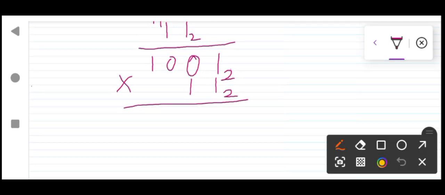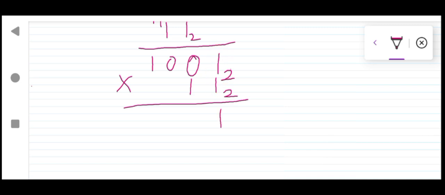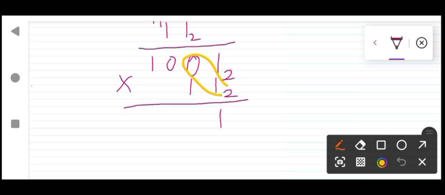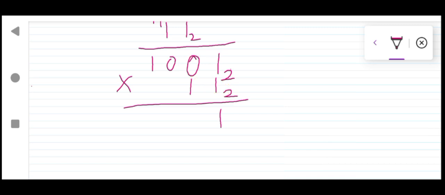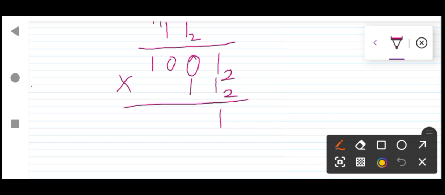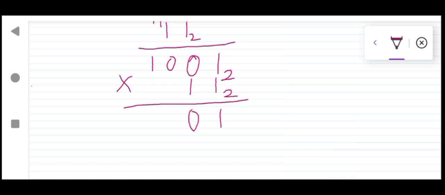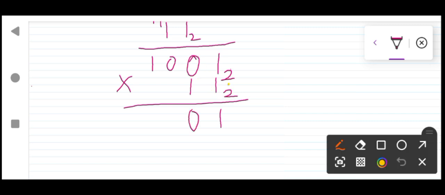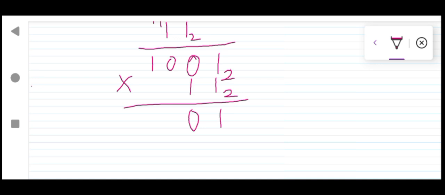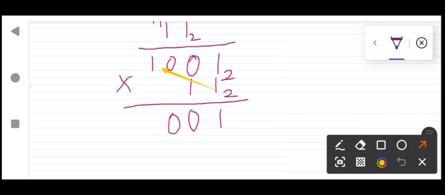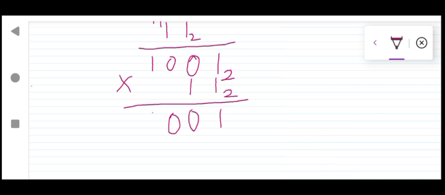So quickly, we have 1 times 1 as 1, and 1 times 0, that's 0, and 1 times 0, that's 0, and 1 times 0 again, that's 0, and 1 times 1, that's 1.